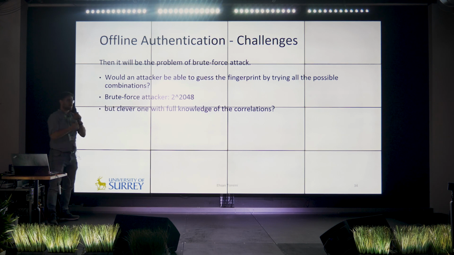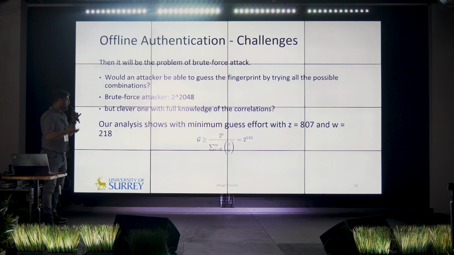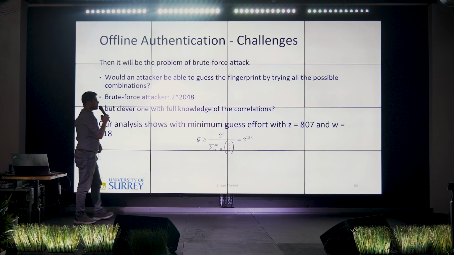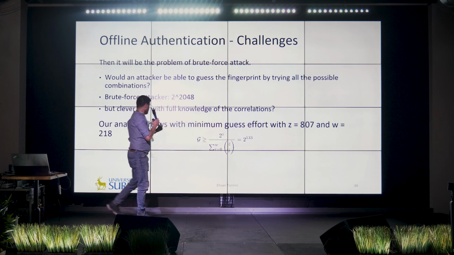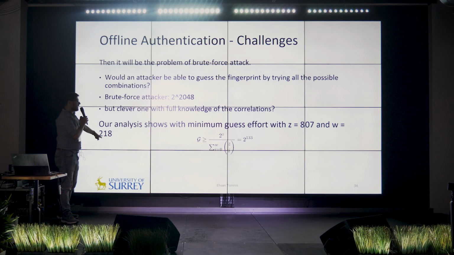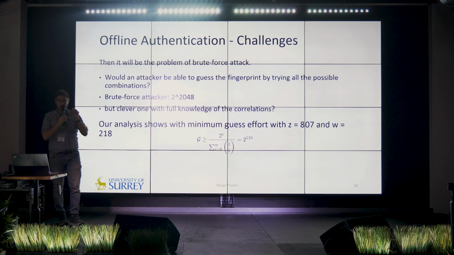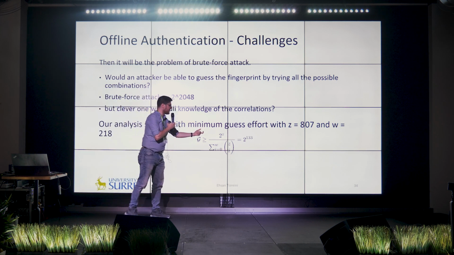But what about the correlations and knowledge of the correlations, a more intelligent attacker? There is a threshold analysis considering the number of completely random bits that we get, and the analysis of that 27% of errors.